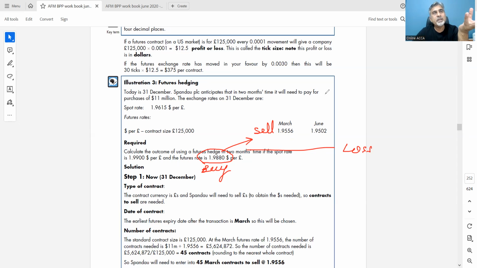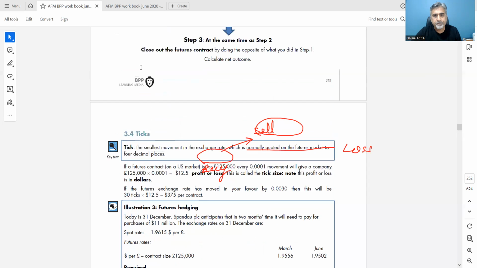And we said, we need pounds, which means we need dollars. In order to get dollars, we have to sell sterlings. So I entered into a sell contract. To settle my sell contract, I have to do the opposite. If I go back, step number 3.